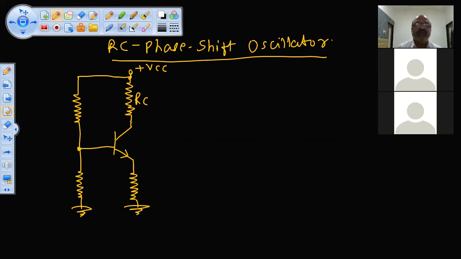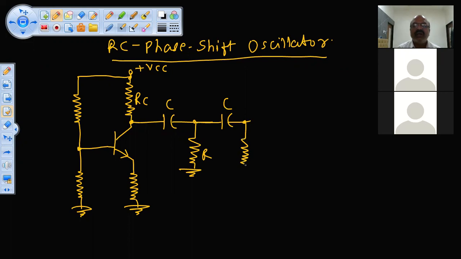Correct. Now what is done is, this is C, this is R, this is again C, second C, this is second R, this is third C, okay, but here it is R dash.